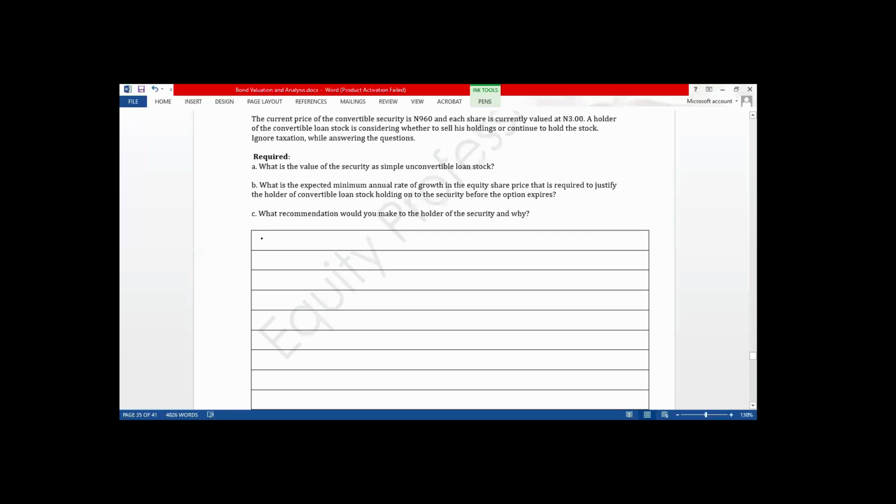So we come here. Suggested solution. Requirement A. Value of the security as simple, unconvertible loan stock.